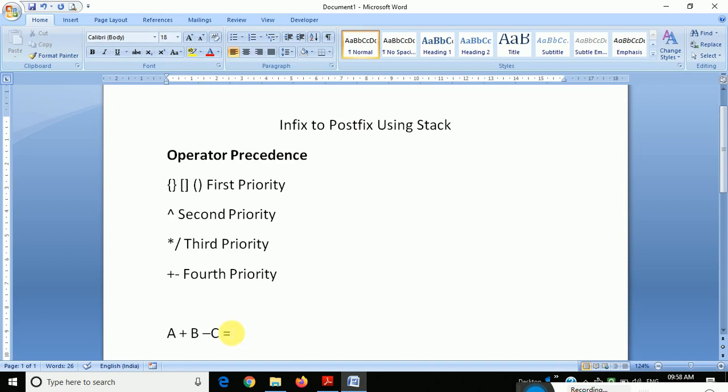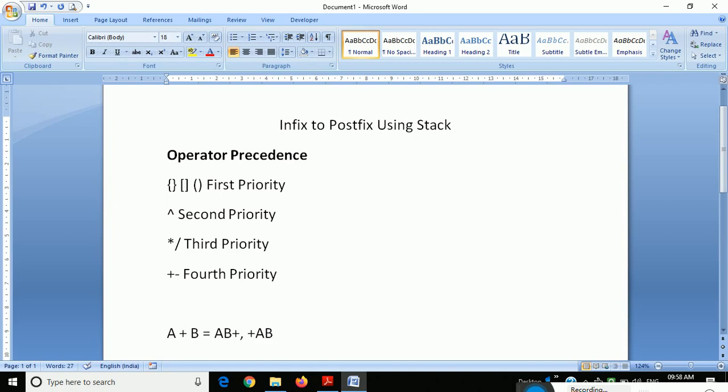I'll tell you the basics of postfix. A is an operand and B is an operand, and the middle one is known as the operator. If we convert this into postfix, the answer is AB plus. For prefix, the answer is plus AB.